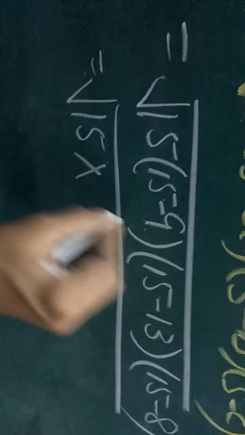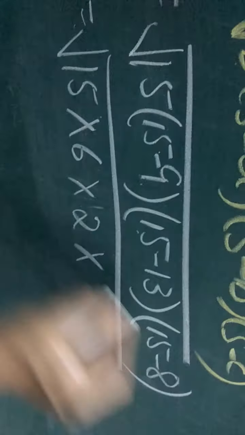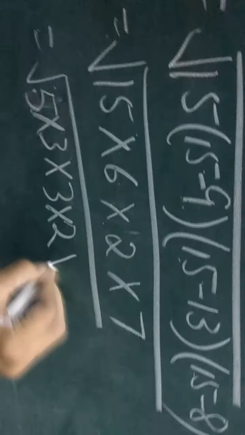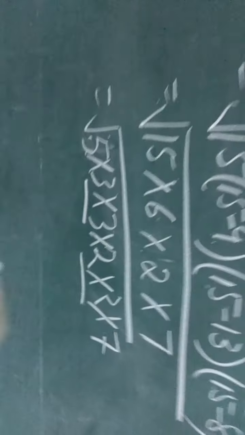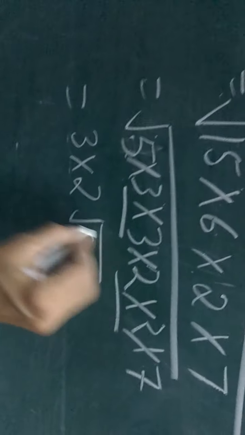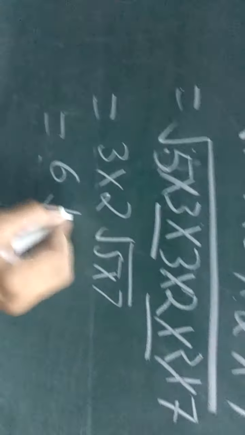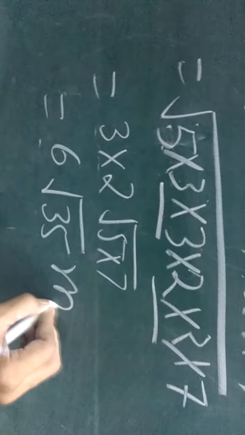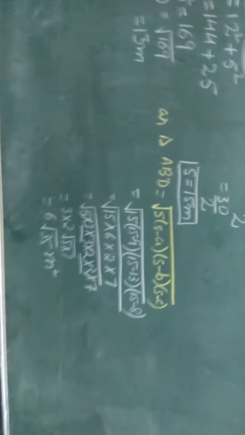So let us solve it. 15 into 6 into 2 into 7. Let us factorize them further. 15 is 5 times 3, 6 is 3 times 2, multiplied by 2 and multiplied by 7. So let us make the pairs. 3 and 2 will come out and we'll get under root 5 into 7. So 6 square root of 35 meter square is the area of the second triangle.